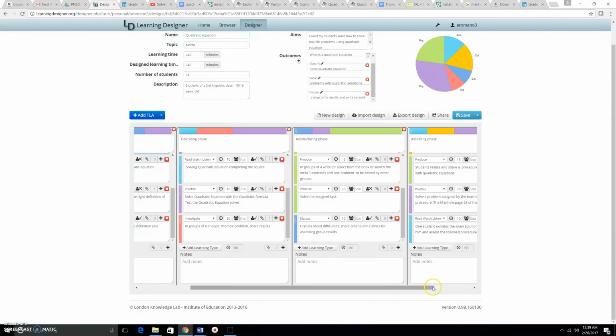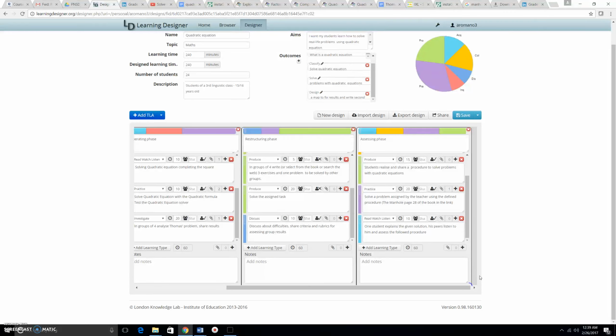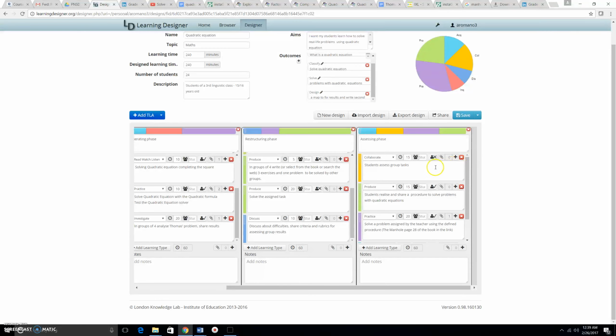At the end of the restructuring phase, there is another phase, the assessing phase. The first part is an assessment of the previous group tasks by each group.